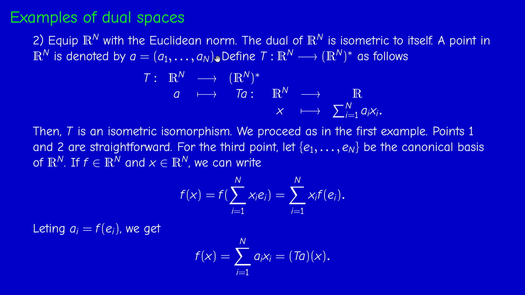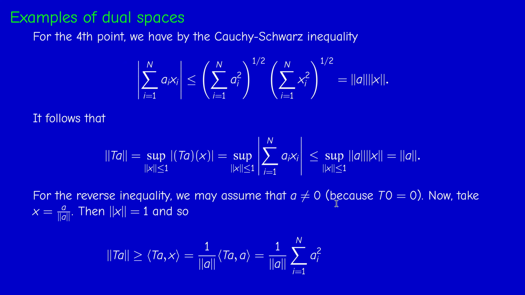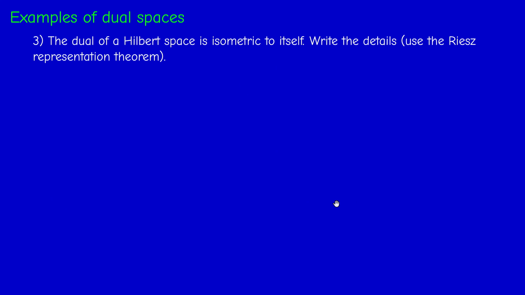But if you have an arbitrary Hilbert space, this argument does not work. So you need to invoke the Riesz representation theorem that tells you that every element in the dual of a Hilbert space is a dot product. But it's the same strategy.